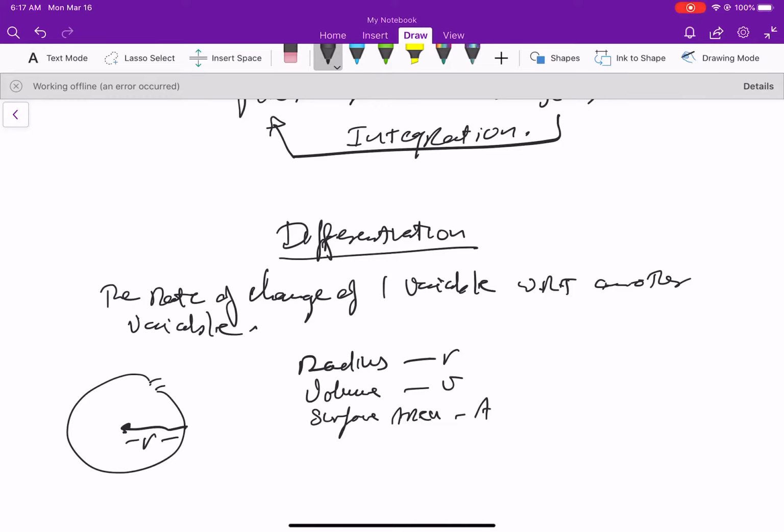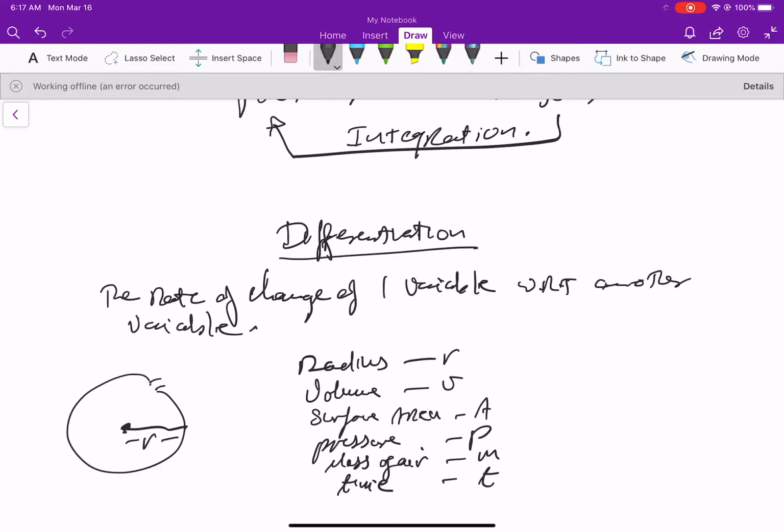What else? The pressure inside the balloon. Let's call that P. And let's take two other variables: the mass of air inside the balloon, let's call it M, and last but not least, time.